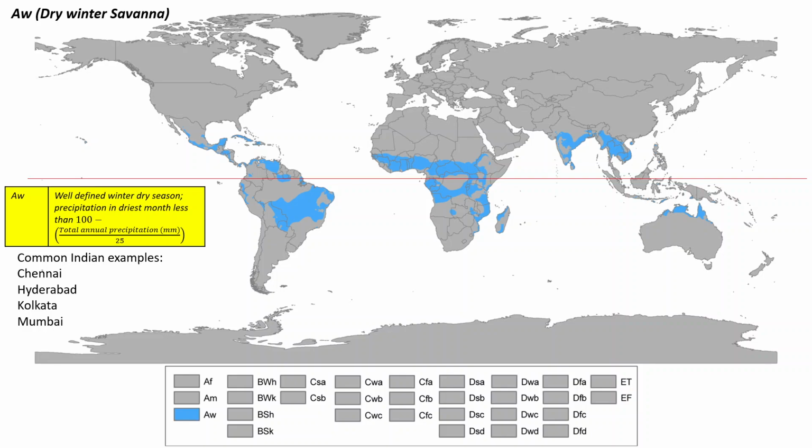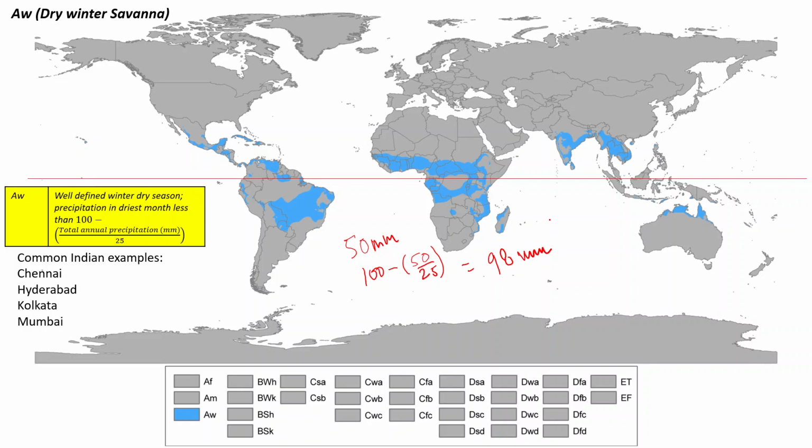So if for a particular location the total annual precipitation is, let us say, 50 millimeters, then for it to be classified into Aw, it should be 100 minus 50 by 25. So this becomes 98 millimeter.